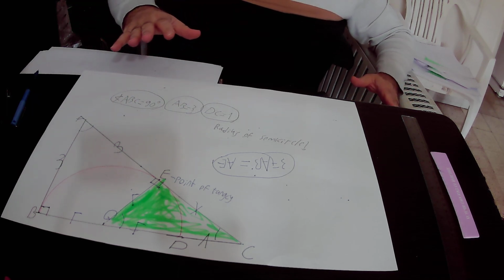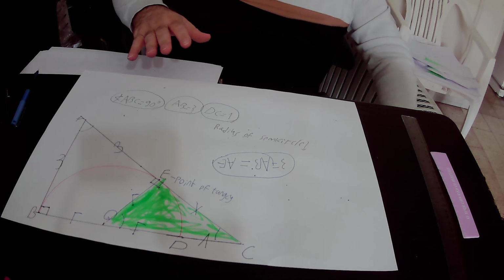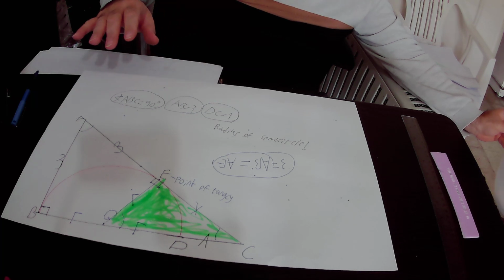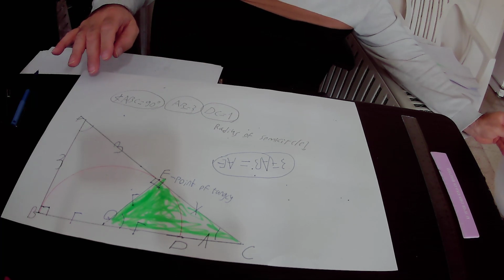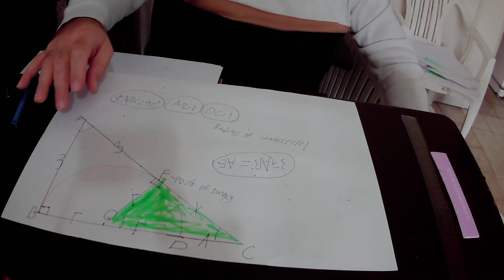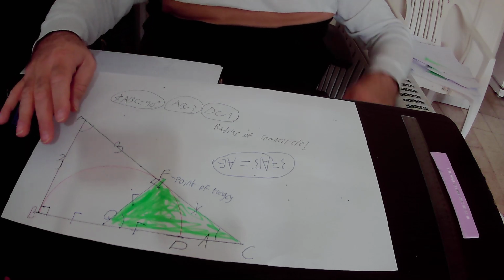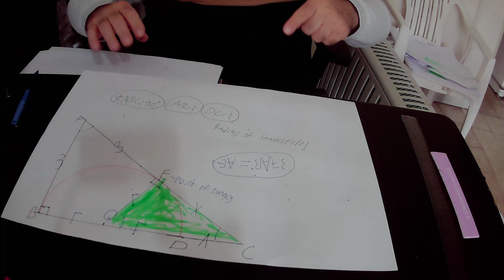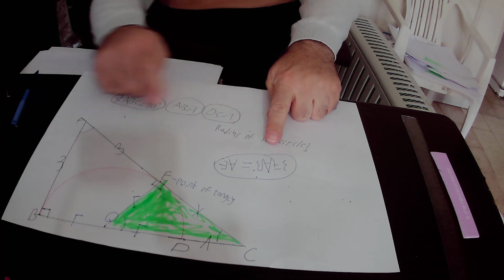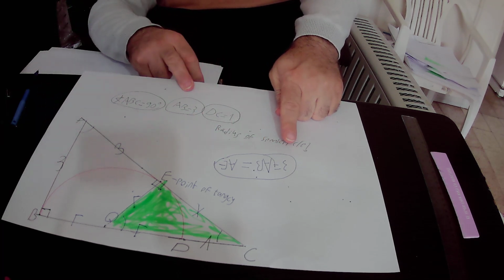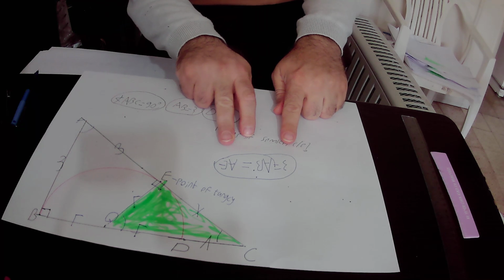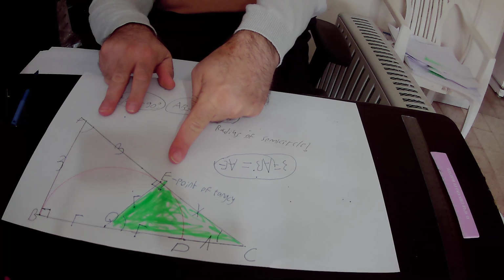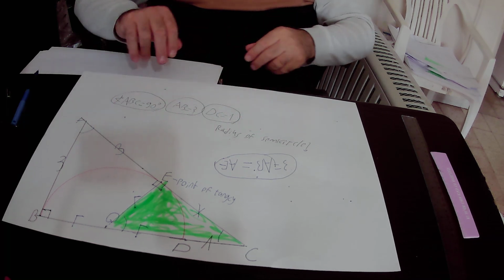According to rule number 1, AB equals AE. We know that AB equals 3 units, as given in the question, so AE also equals 3 units.